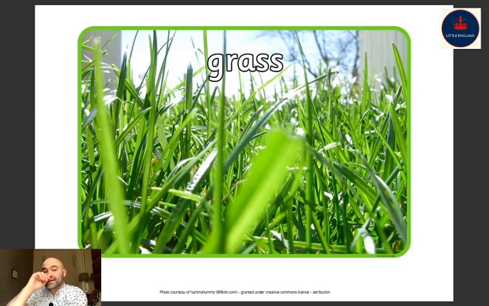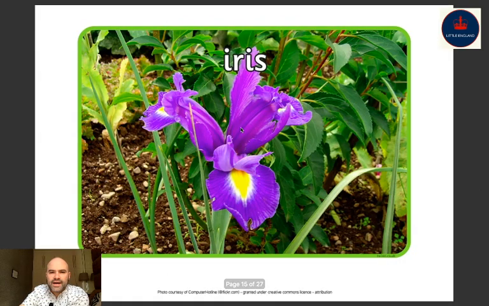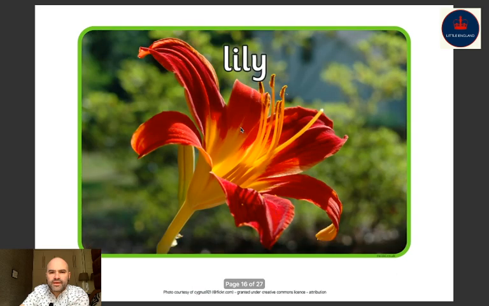Grass is definitely not a flower. Grass is a type of weed, I assume. Or maybe it's not considered a weed. I don't know. But it's a plant. It's a type of plant. So there's a grass. All right. Heather. Iris. There's an iris. Lily.